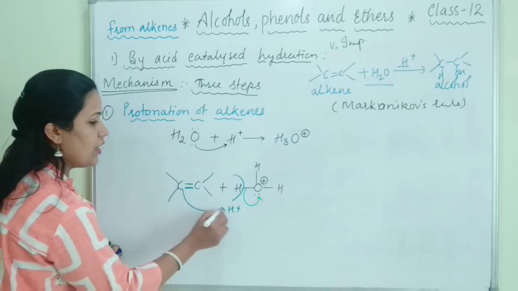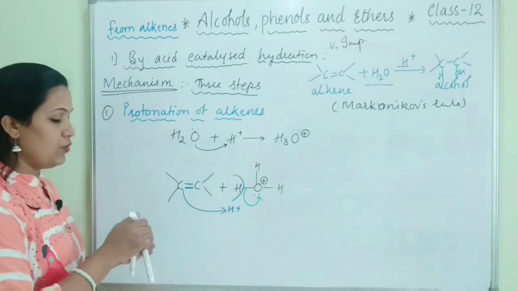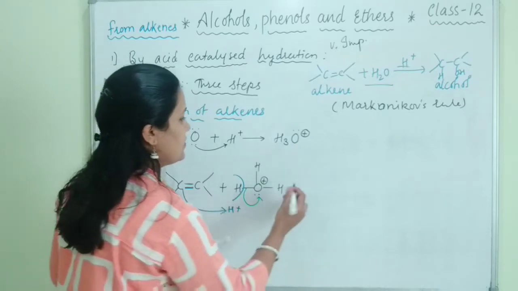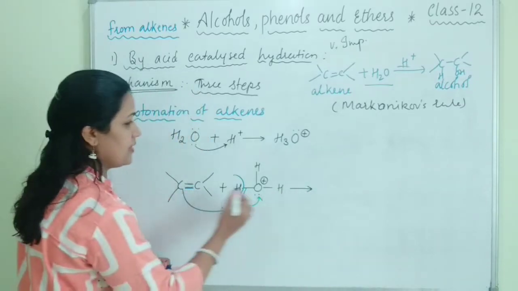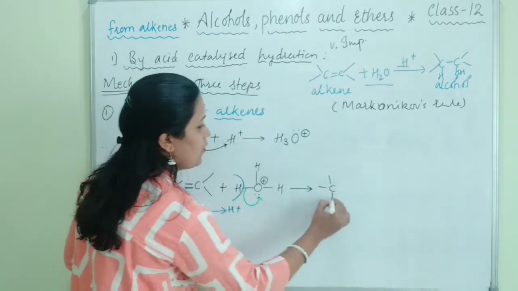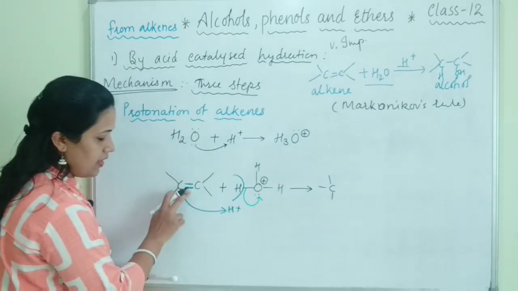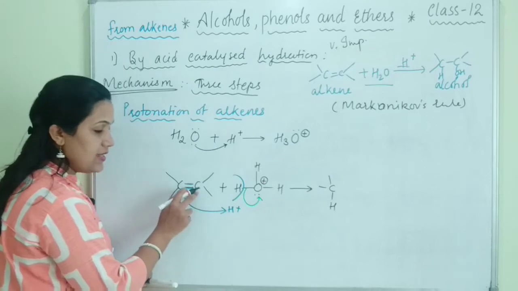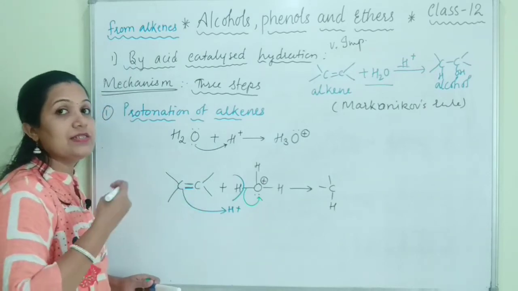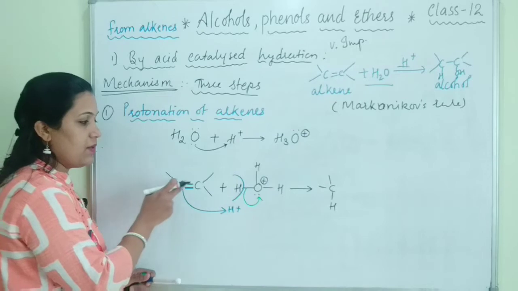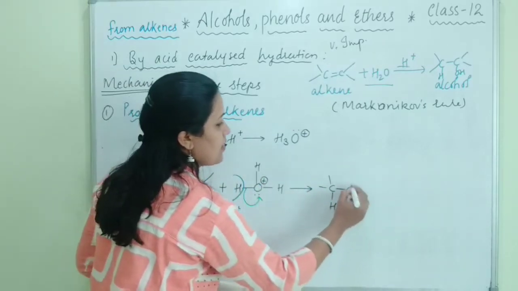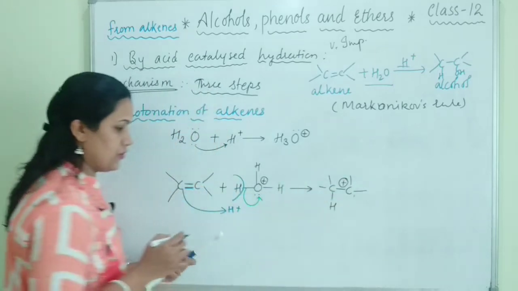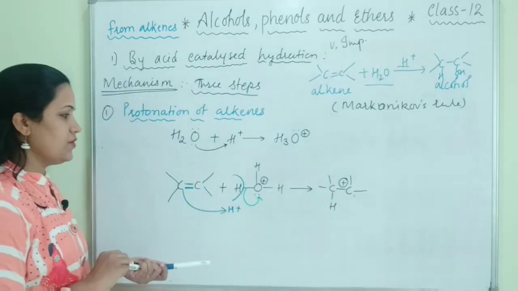This carbon will donate its electron pair to hydrogen, and in this way one electron pair has been given to form the C-H bond. And as this carbon has donated its electron pair to another carbon, that's why this carbon will acquire a positive charge.